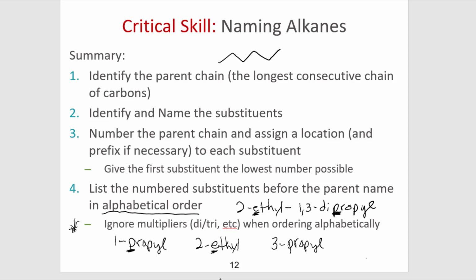If you had 3 propyls, it would be 1, 3, whatever the number is, 5-tripropyl. If you had 4 substituents, it would be tetra. But I just want you to be aware that you alphabetize the actual substituent. You don't use the di, tri, tetra prefix to alphabetize.